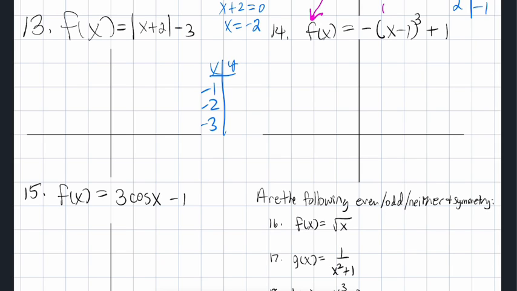If you plug in -2, you get the absolute value of 0 that has moved down 3. That's what that -3 is going to do. If I do the absolute value of 1, when I plug in -1, I get 1. 1 minus 3 is -2. And you should get -2 here. The symmetry should work that those two should match, or you've done it wrong.